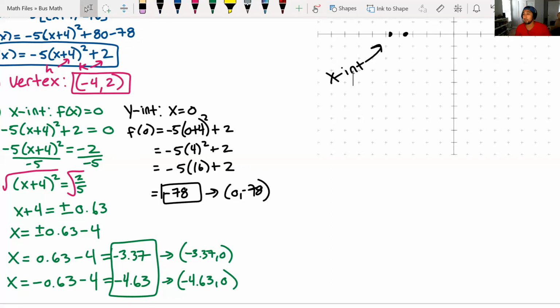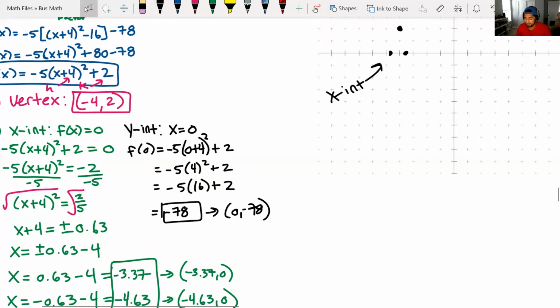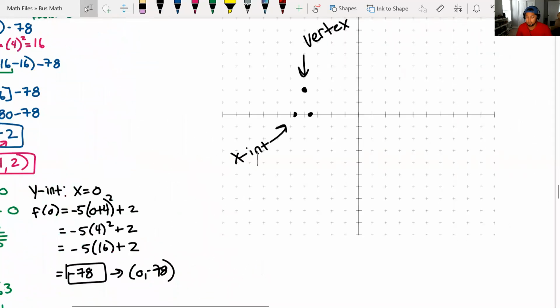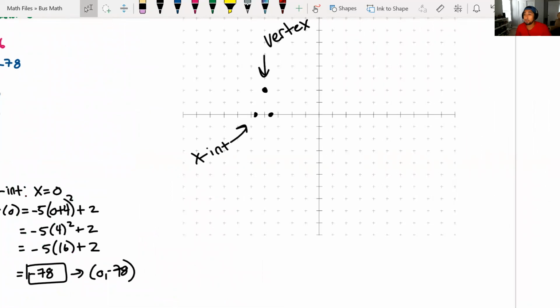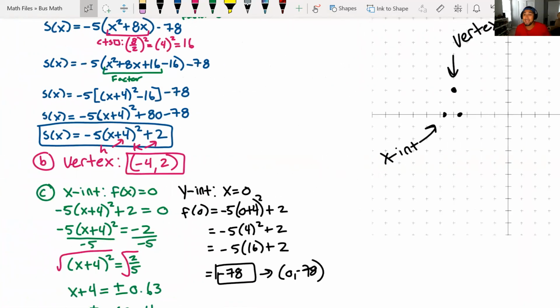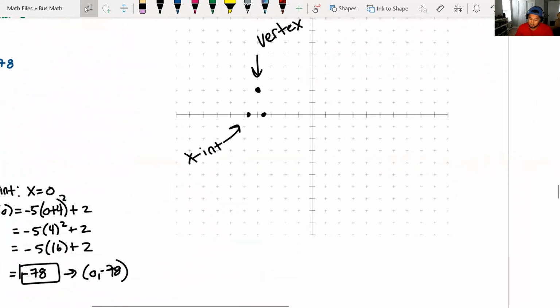And then our y-intercept is at -78. Oh boy. Well, it's a good thing we only need 3 points to graph this. A vertex, a point to the left of the vertex, a point to the right of the vertex. And since the leading coefficient is negative, we will open down. So just open down.